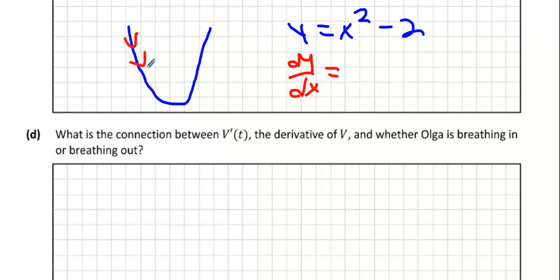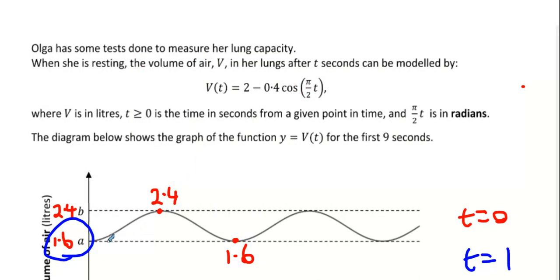So it will be going downwards for a little bit, and then it will be going upwards for a little bit. Is that okay? If the slope is positive, what does that mean? The volume of air in your lungs is going up, which means you're inhaling. If the slope is negative, what does that mean? I'm exhaling and the volume of my lungs is going down.